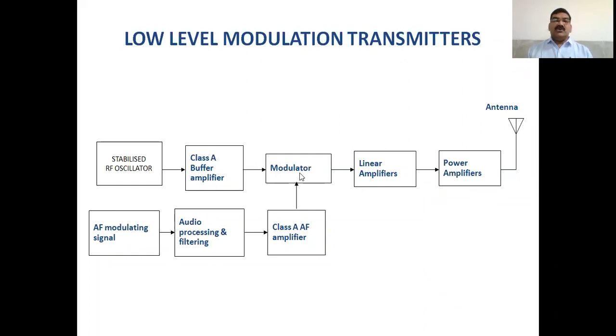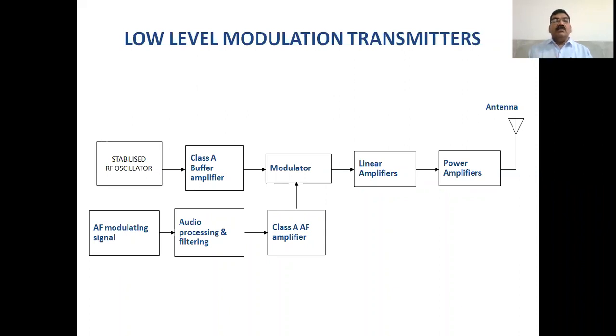Then a modulator. This is your amplitude modulator. Now the other section is the modulating signal. In the modulating signal, AF is the audio frequency modulating signal. So you can say 20 hertz to 20 kilohertz is your audio signal. As I mentioned previously, your speech is 300 hertz to 3.4 kilohertz, what we speak.